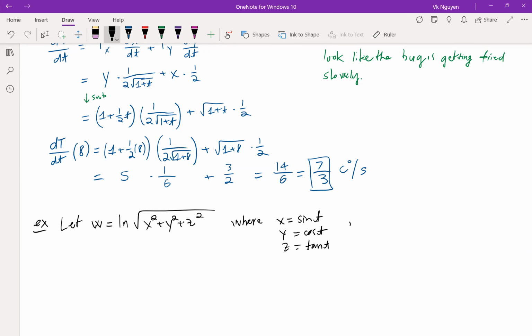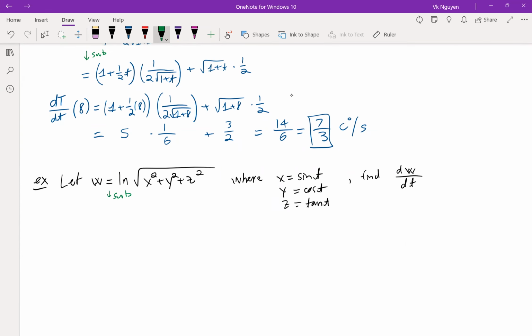Find dw over dt. I'm going to simplify w first, right? Because I know there's a little trigonometry identity here. If you know the trig identity, it will save you. ln root of sine squared plus cosine squared plus tangent squared.